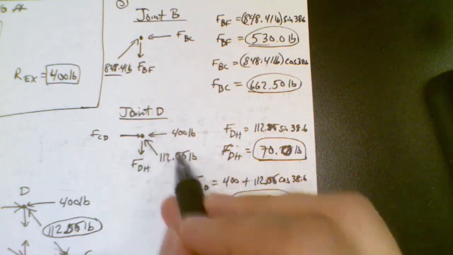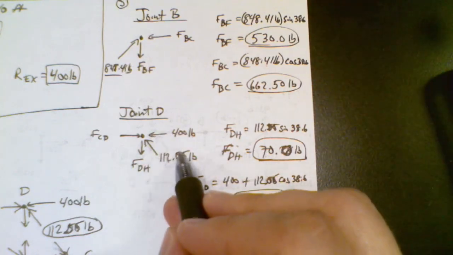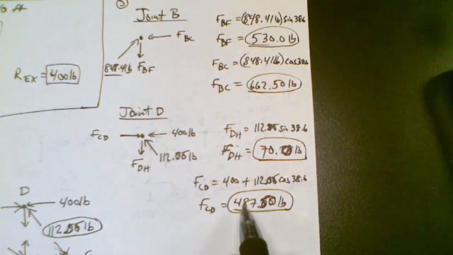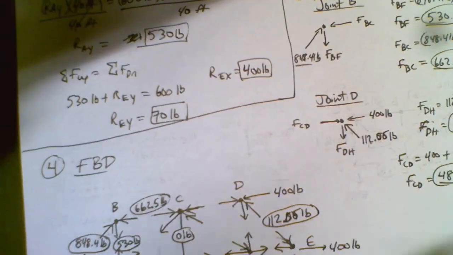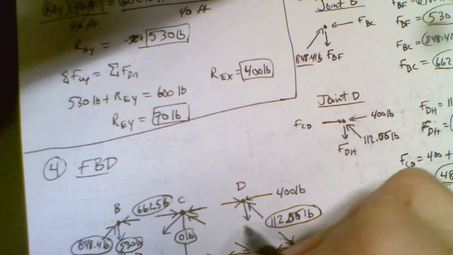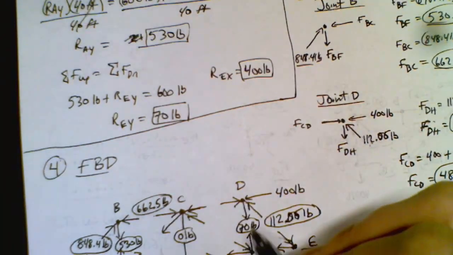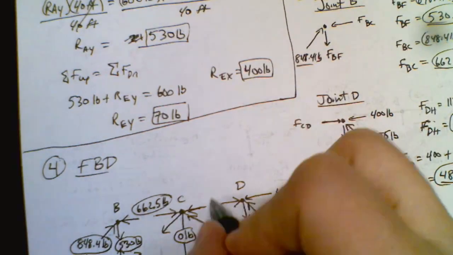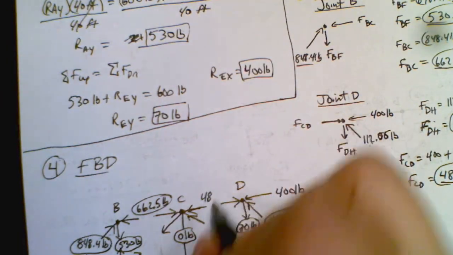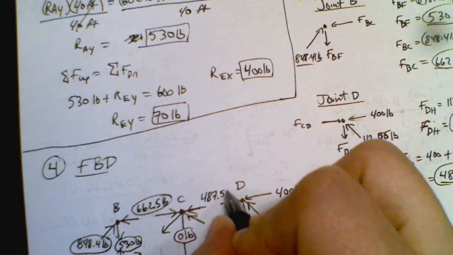It's 400 and the leftiness of this, so you take that times cosine, and you add them up, and you get 487.5. So we'll put that on our picture. We got a 70 going down here. And then we got a 487.5 here.